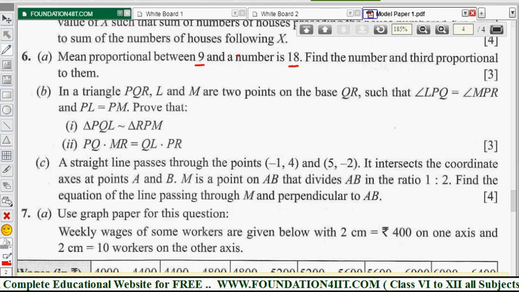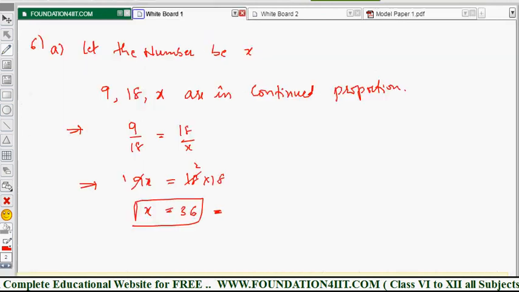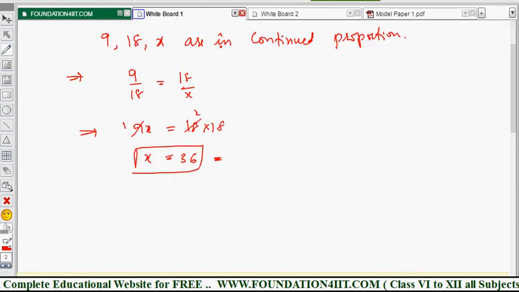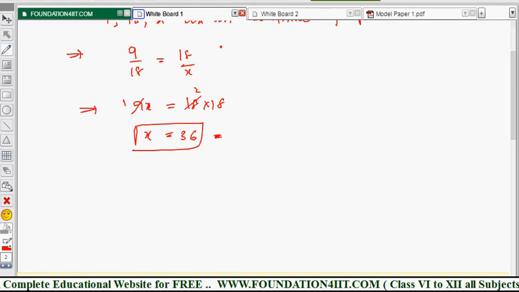In the first question, the mean proportional between 9 and a number x is 18, that's why 18 should be in the center. Then find the number and the third proportional to them. Again, from the second statement, let the third proportional be n. So I am taking some letter n.